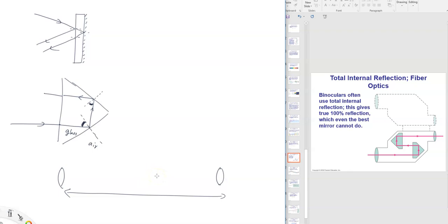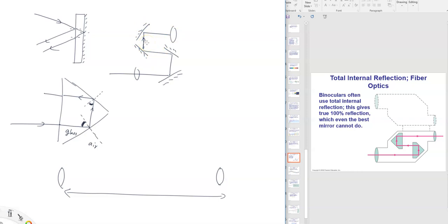I mean, you can do the same thing with two mirrors. So here's the eyepiece, light comes in, you have one mirror over here, reflected this way, another mirror over here, reflected this way, another mirror goes up here, and another mirror, and then it goes to the lens, and can do all the optical stuff we need to do with the lens.